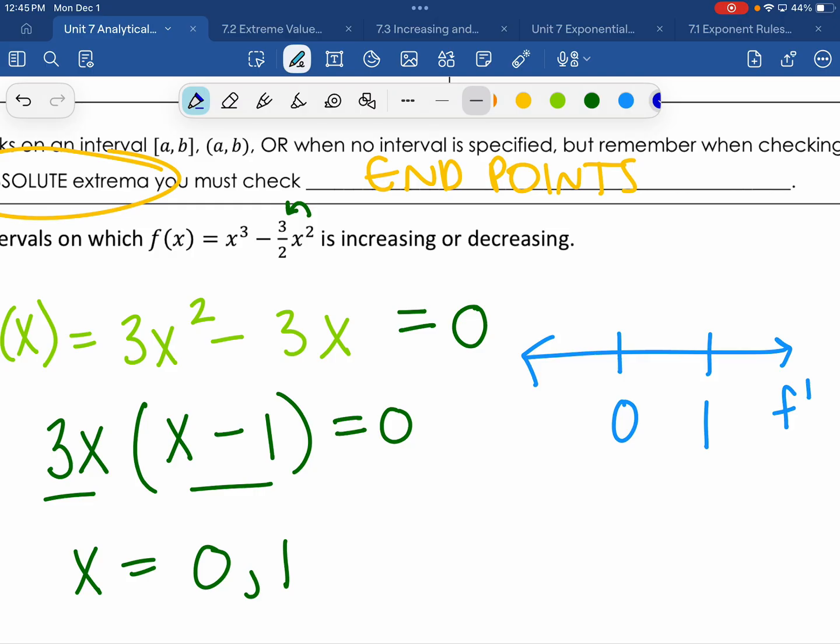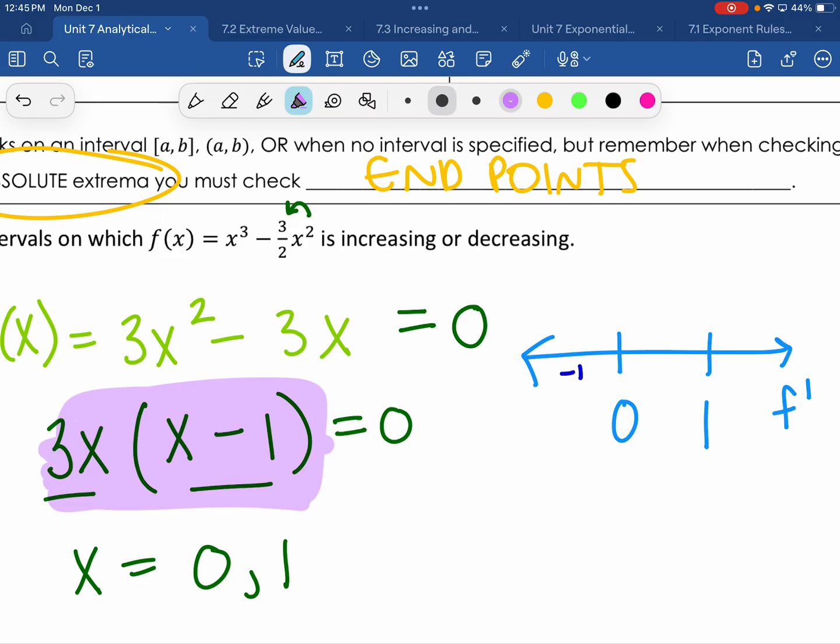But what's a good number on the left side of 0? Negative 1. If you want to write a little negative 1 there, you can, or you can just think about it in your head. That's all this is, a test number. When I plug negative 1 into my derivative, I'm going to plug it into the factored version. That's the easiest one to figure out if it's positive or negative.